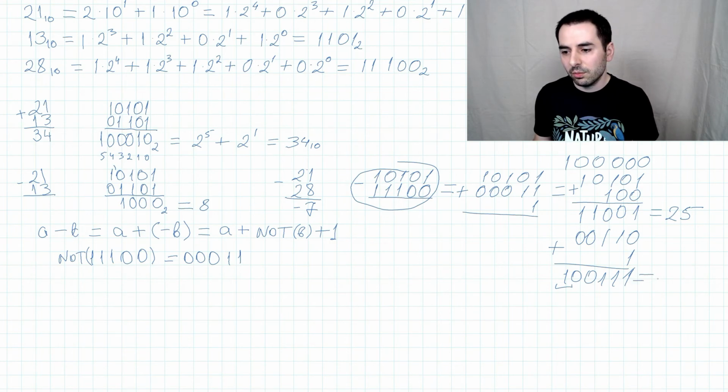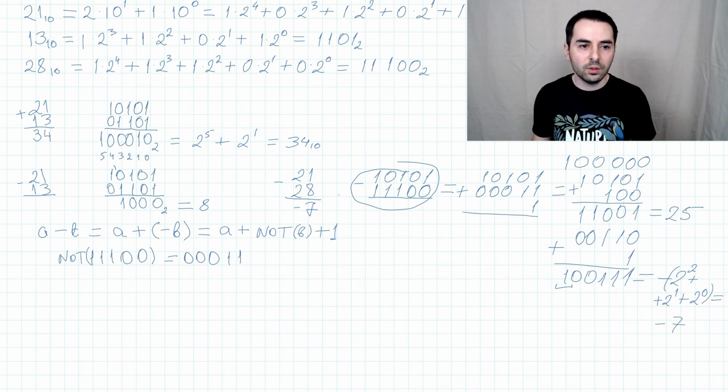So this is basically minus, and then the third index is second order, so 2 to the power of 2 plus 2 to the power of 1 plus 2 to the power of 0. So this becomes 7, minus 7. So 21 minus 28 is minus 7.